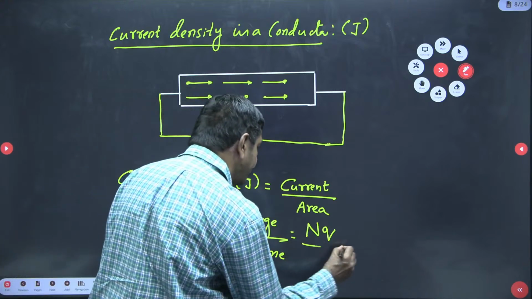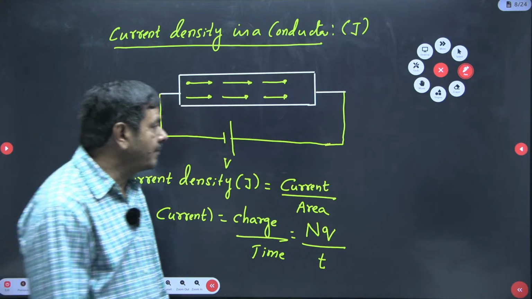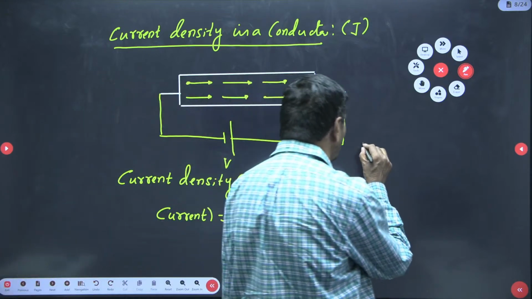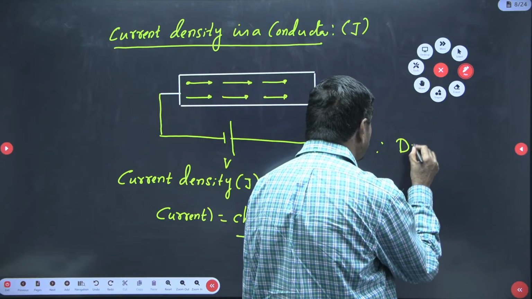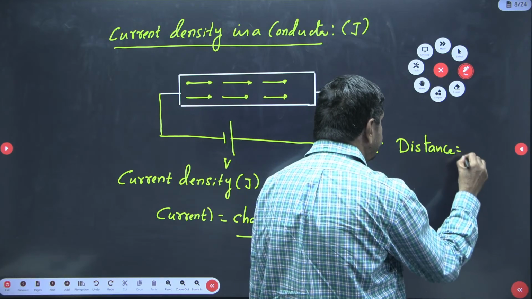Divided by time, T. You know very well from physics that distance equals velocity into time.